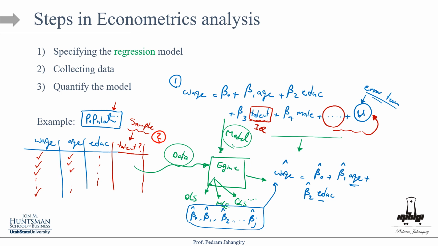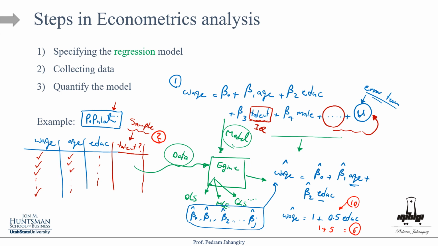Imagine these are hourly wages, and the prediction for wage is, for the sake of argument, 1 plus 0.5 education. Let's just focus on the education part. It means that if education is 10, then you multiply it by 0.5, so you get 5 plus 1, so you get 6. So for a person whose education is 10, the hourly wage is going to be $6 per hour, something like that, right?